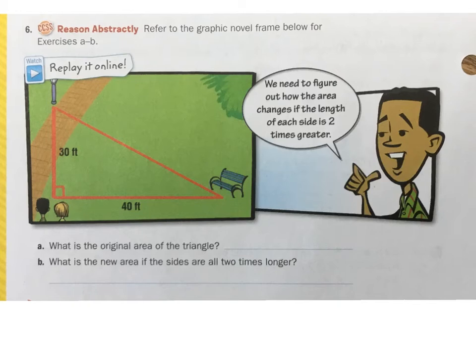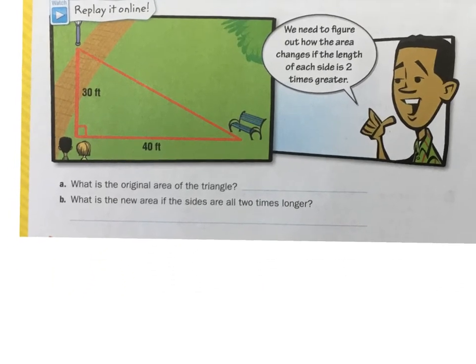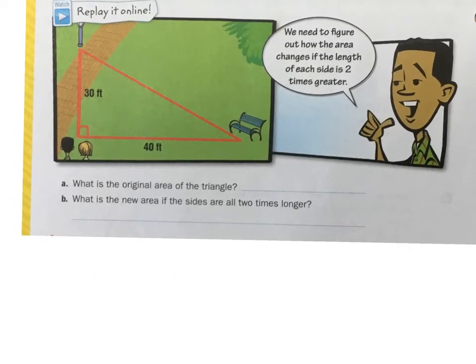Alright, this one, we're going to use this picture. Let's see what it wants us to do. What is the original area of the triangle? Okay, so we have our base and height, and area equals 1/2 times base times height. 40 times 30.